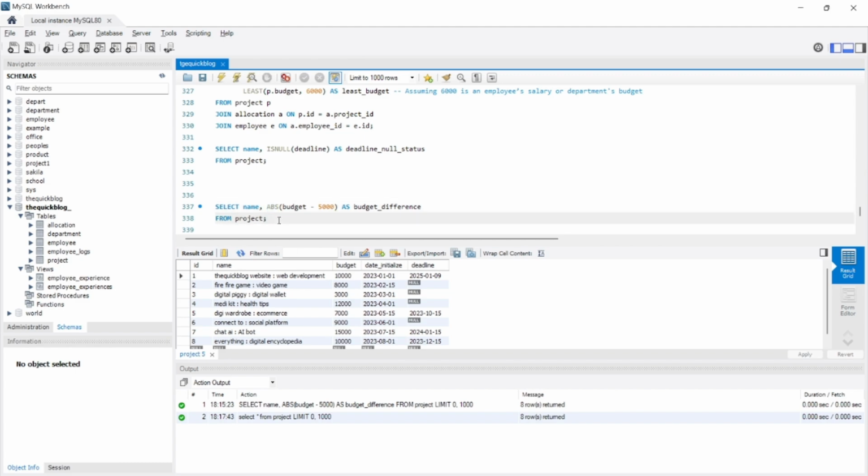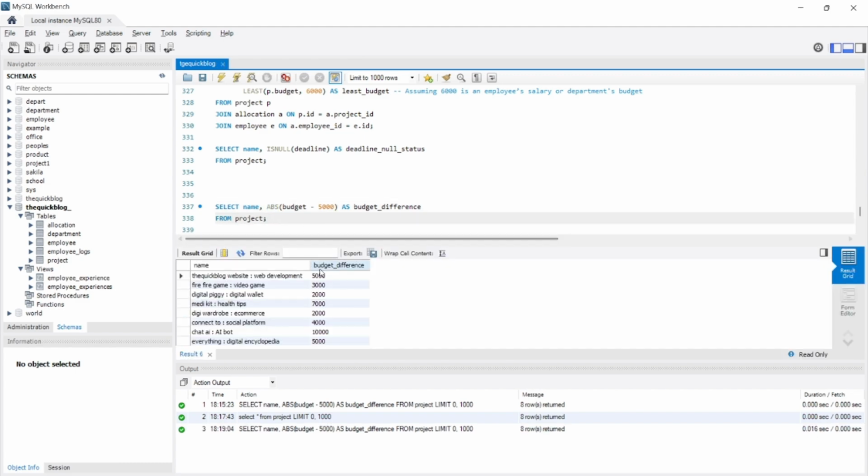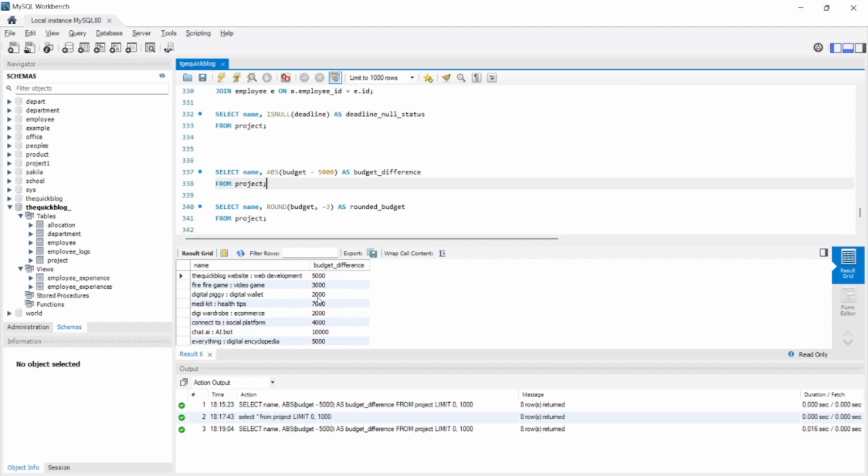So if we execute this query, we will get all the budgets after subtracting 5,000. In the case of digital piggy, our expected answer was minus 2,000, but as per this ABS or absolute value function, this will give us only a positive value.